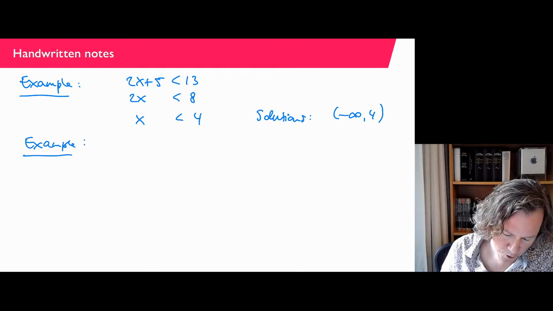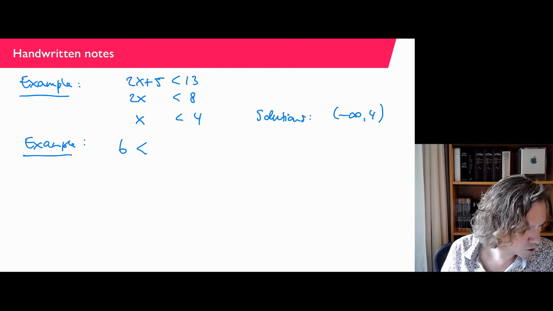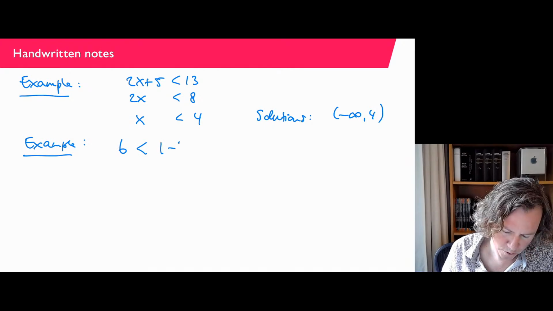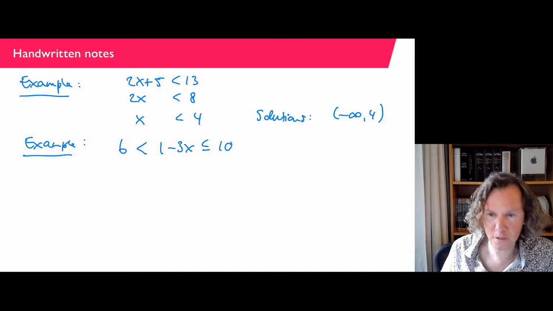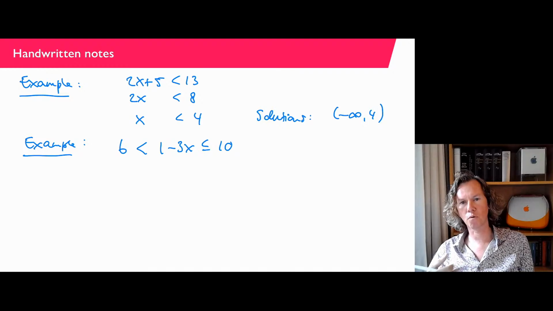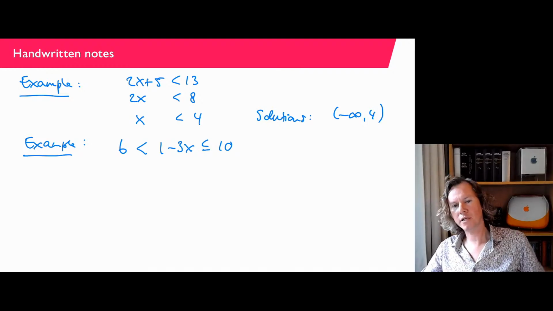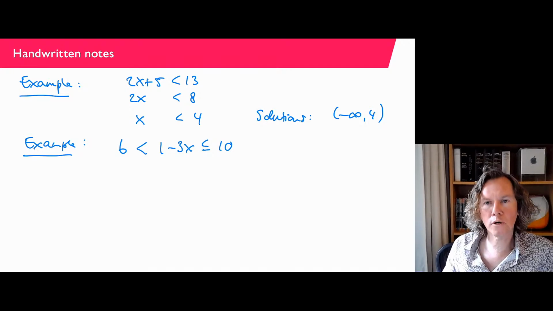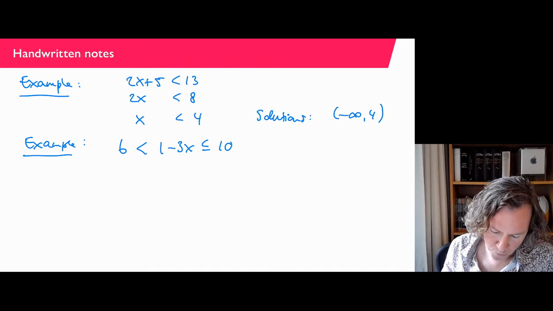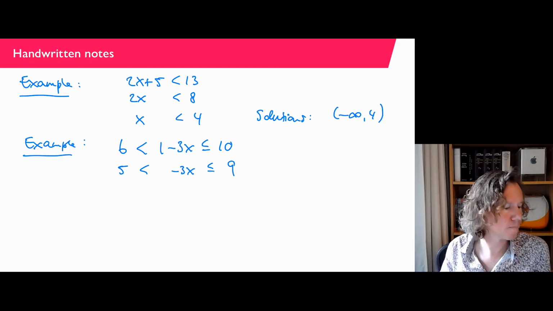So let's say that we are interested to find all x's that satisfy this inequality, and in fact it's a double inequality because there are 2 of them. I could split them, but let's treat them at the same time. So what I'm going to do is subtract 1 from every term that we see here. So then you get 5 is less than minus 3x is less or equal 9.